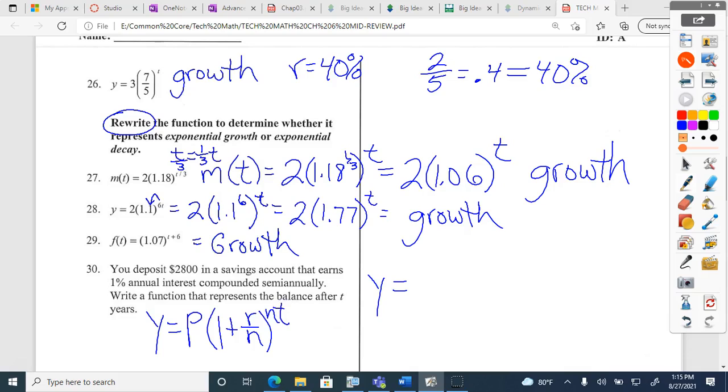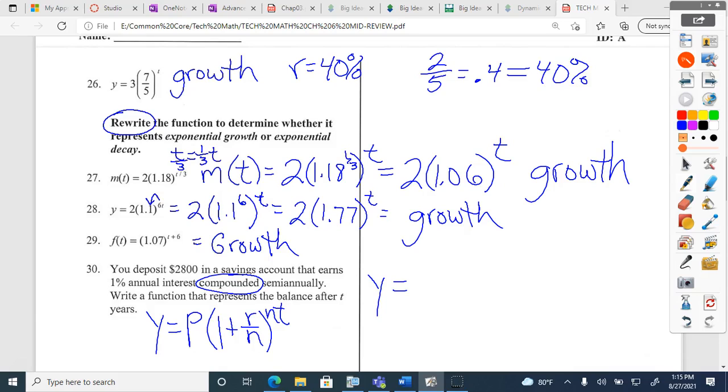One more time, the letters represent: P is the principal. R is your rate. N is how many times it's being compounded. And t still represents time.